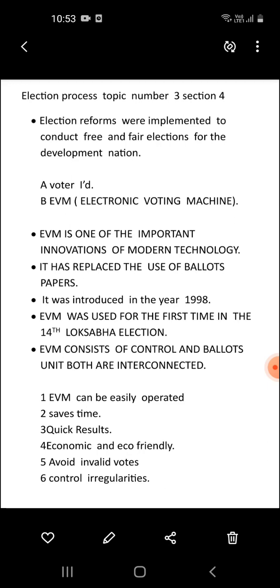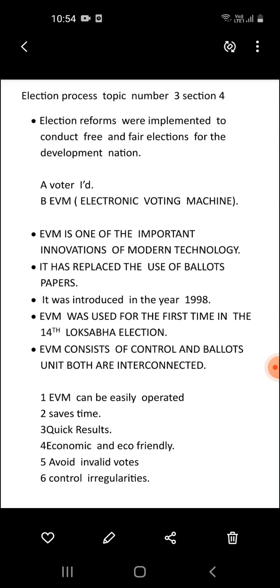Now, today is the last section of the election process, in which you have already learnt the introduction of the election, how the word originated, the meaning of election, then types, then methods, the features of direct election, the features of indirect election, and then the Election Commission, and at last election reforms.